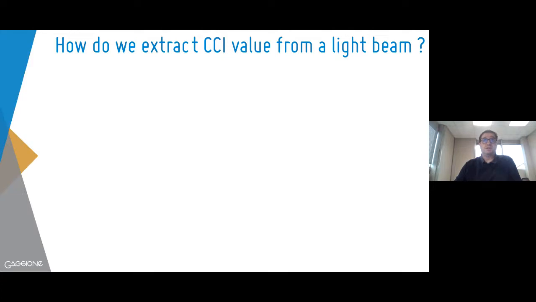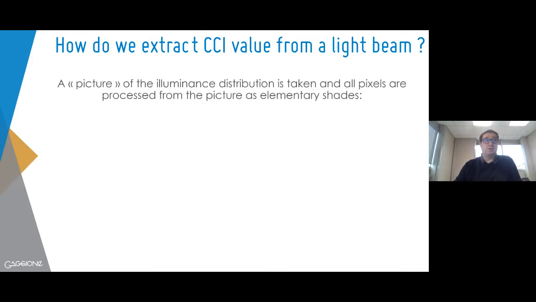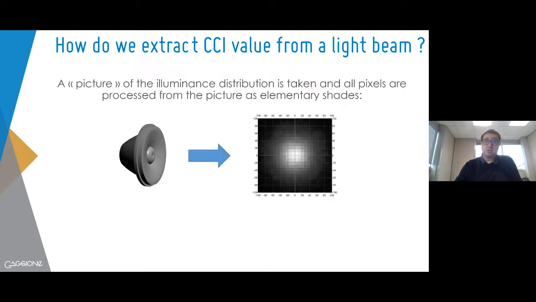How do we do that CCI measurement and extraction? It's pretty simple. We use a high resolution, very high sensitivity color camera. We spread the beam on the wall and take a picture of this beam. This is a representation of one of our collimators, and this is how the image could look in a very simplified, monochromatic way.